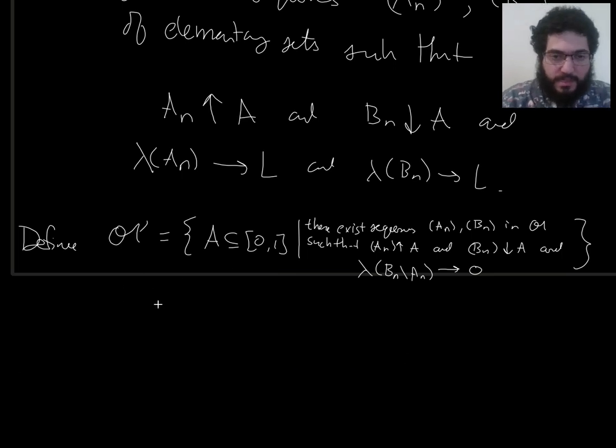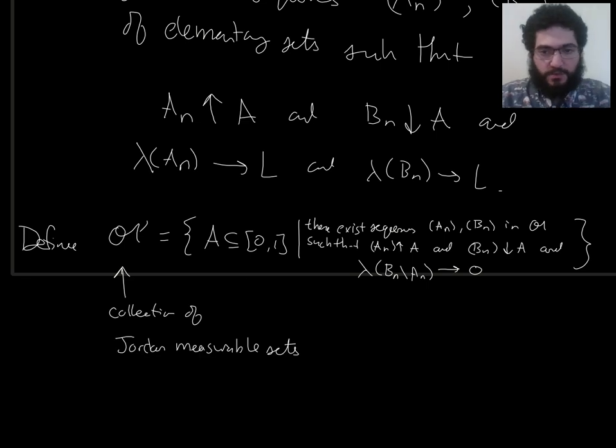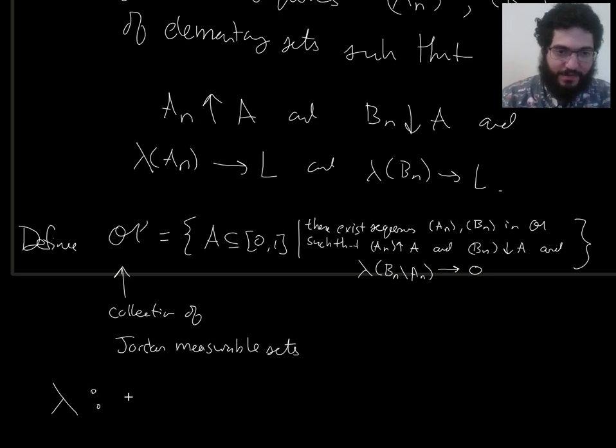So people call these sets Jordan measurable. So the elements of this collection of sets are the Jordan measurable sets. So this is the collection of Jordan measurable sets. And now we have lambda defined on this larger set of Jordan measurable sets.